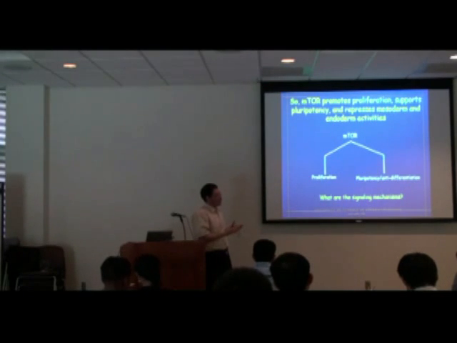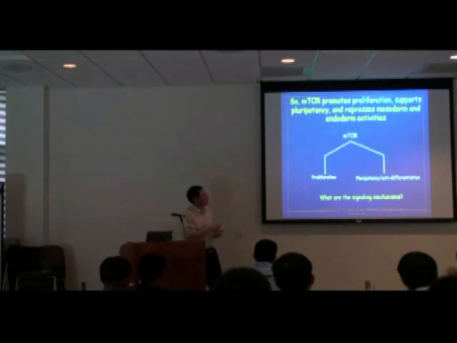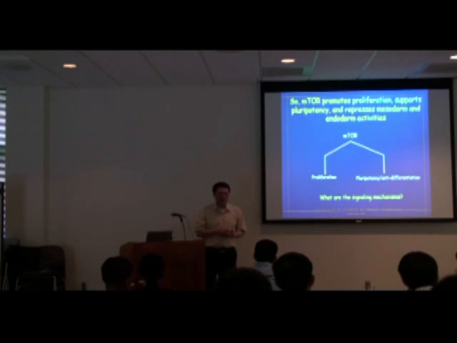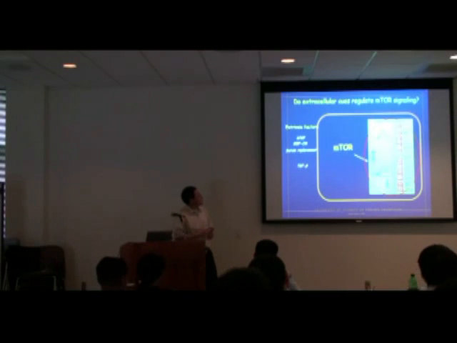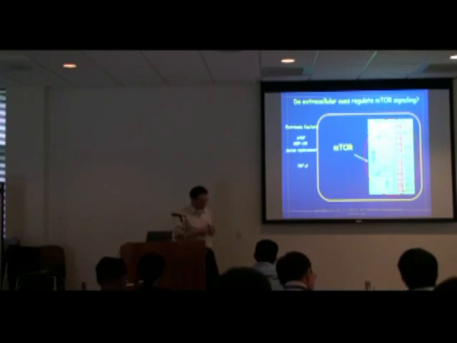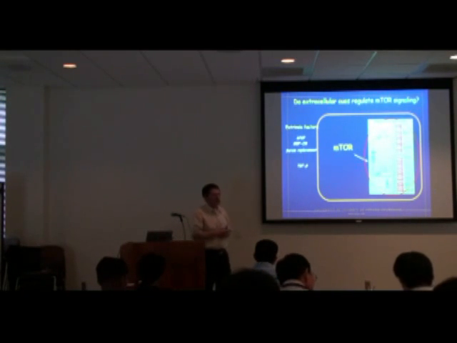But then the question becomes, well, this is nice, but how do you know how mTOR does this? How does mTOR regulate proliferation and anti-differentiation? That became the very obvious question for everyone. So we spent some time trying to understand the signaling mechanism by which mTOR regulates pluripotency.